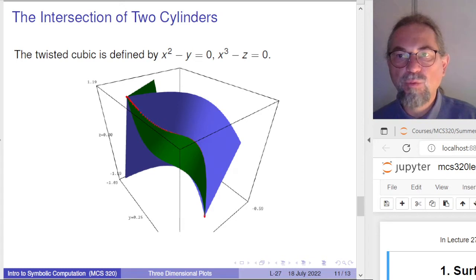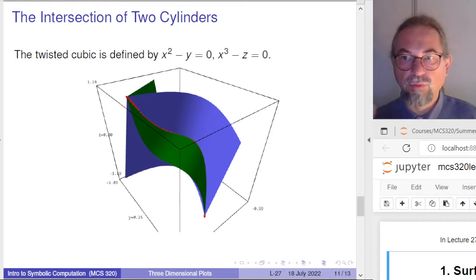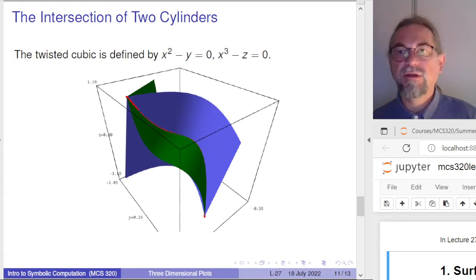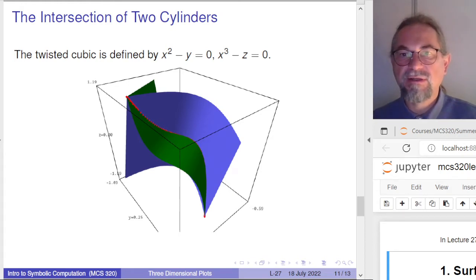In green, we see the cubic surface defined by z equals x to the power 3. That's also what they call a ruled surface, where the y-axis essentially moves over the cubic curve in the xz plane.